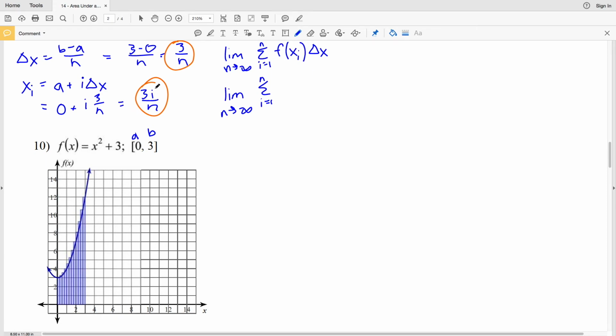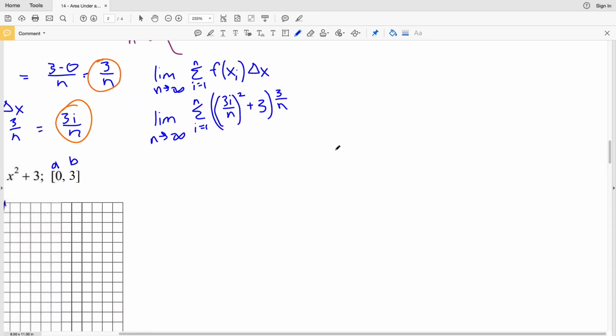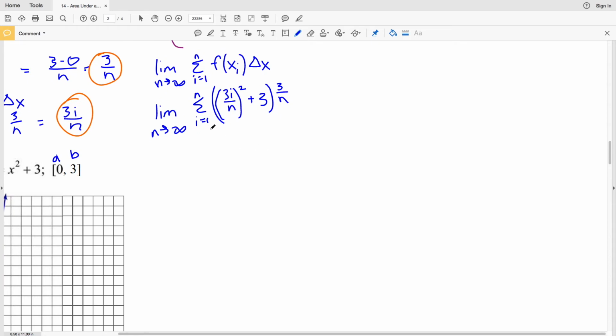I'm going to plug 3i over n into f of x. So f of x sub i, as opposed to having x squared, it's going to be 3i over n squared plus 3. So 3i over n squared plus 3, and this is all multiplied by delta x, which is 3 over n. So let's go ahead and zoom into our work and continue.